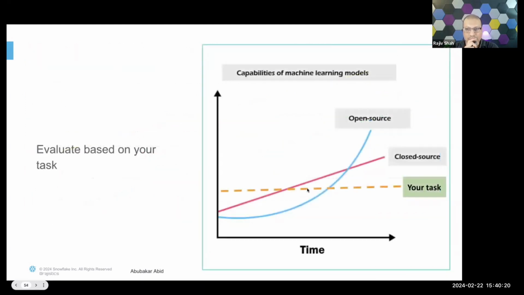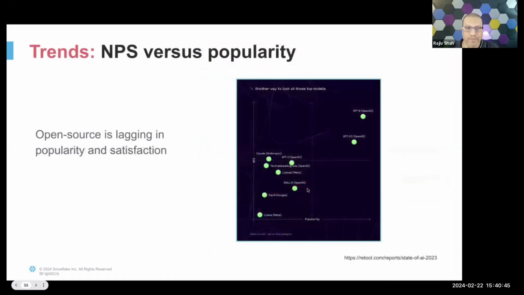And this is where I always remind people, there's a horse race going on about who's got the latest, greatest model. But at the end of the day, you should just be focused on what you need to solve your particular problem. You might not need the latest, greatest model to do that. So take the time to evaluate these things on your own tasks as well.